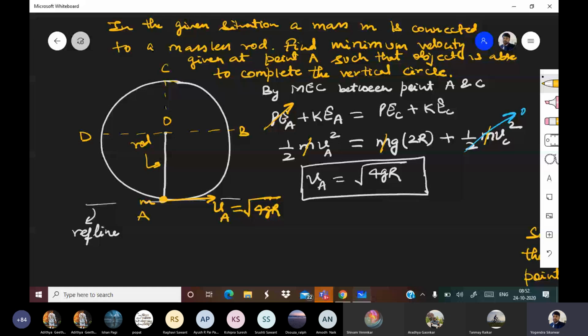Excuse me, sir, how did you get PEC? PEC is mg2r, because the height of this point with respect to this point is 2r. r is the radius, so this r will also be the radius.